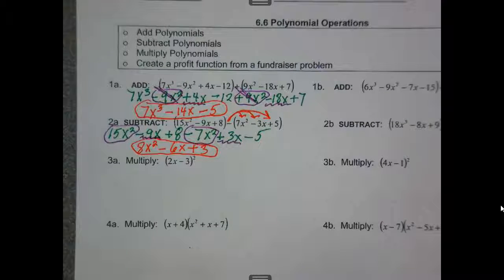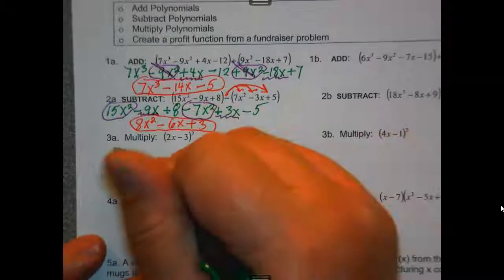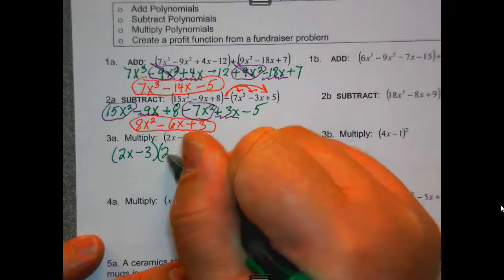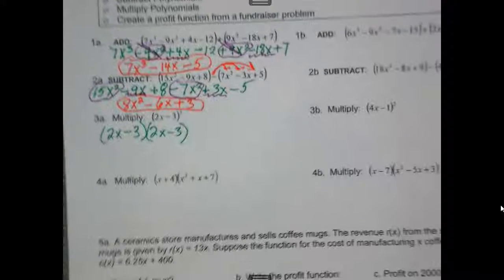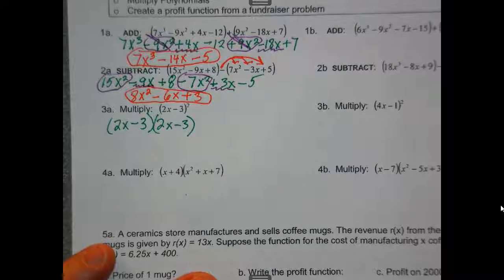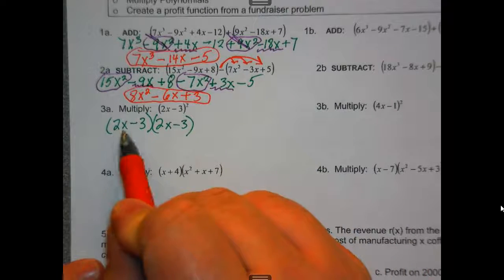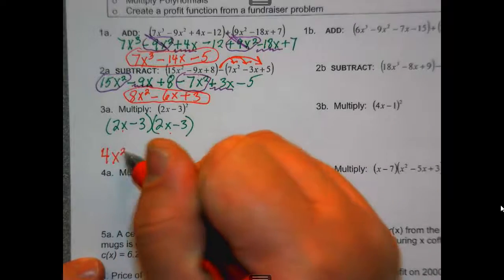3A, I am multiplying 2x minus 3 squared, which means I'm taking 2x minus 3 times 2x minus 3. I could either use FOIL or the box method. FOIL is nothing more than distributive. See, 2x times 2x is 4x squared.